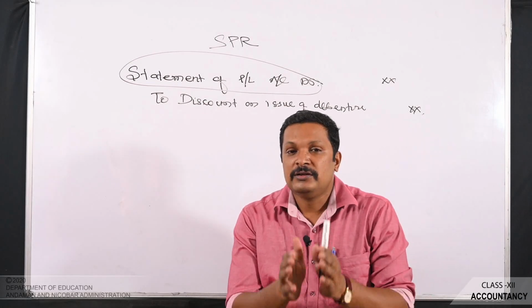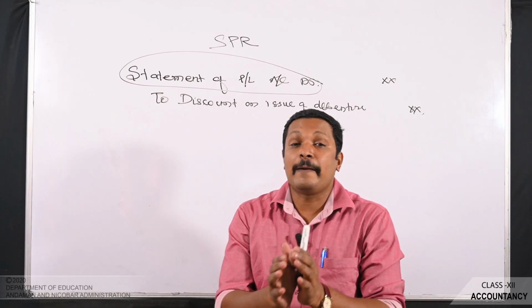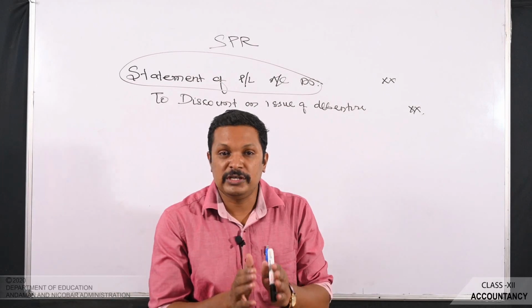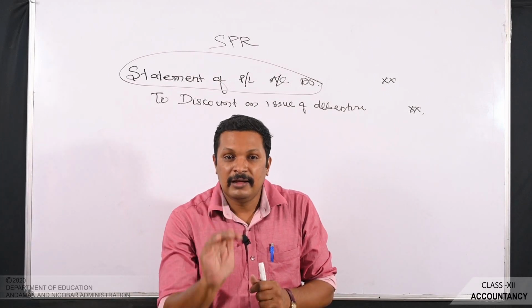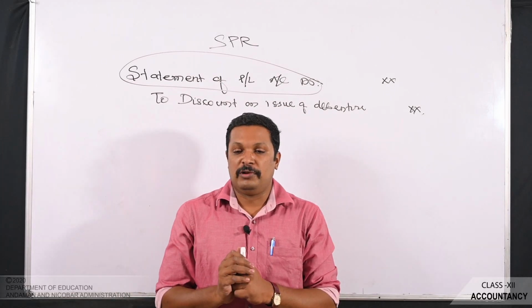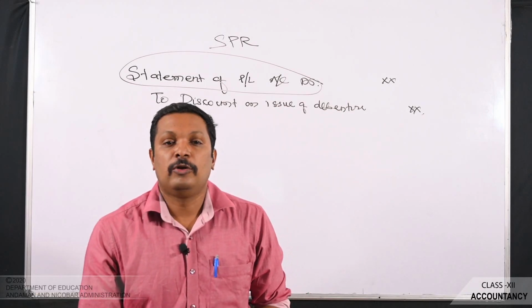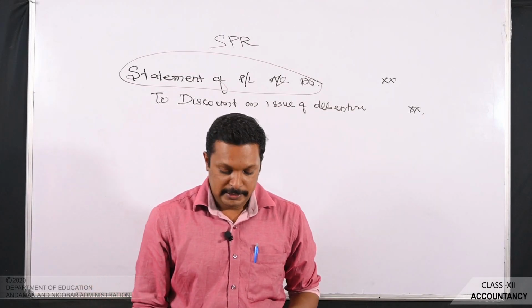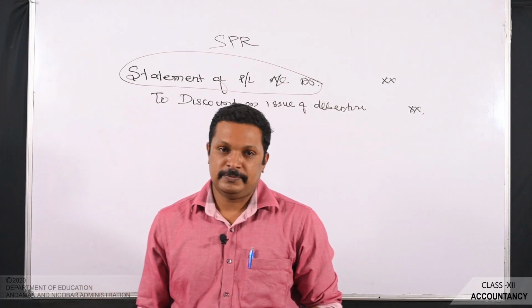In simple terms, discount on issue of debenture is a capital loss because we are issuing debentures below the nominal price. So that's why it is called a loss for the business.